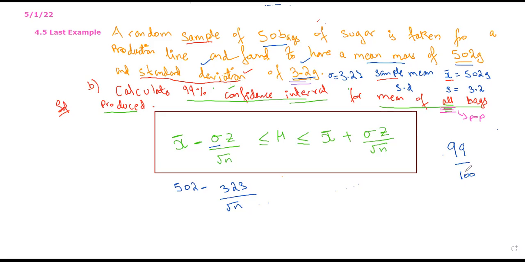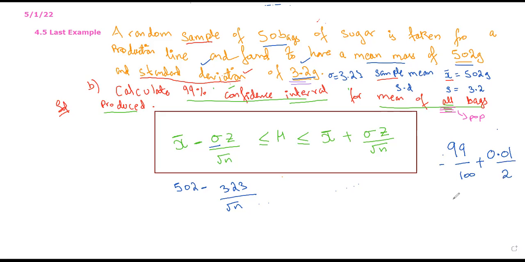So 99 by 100 is the probability of the shaded part, plus we have the 1% unshaded part. But first you have to convert 1%, which would be 0.01, divided by 2. Excellent.